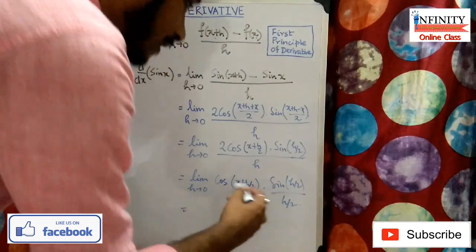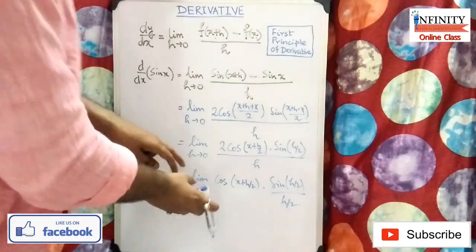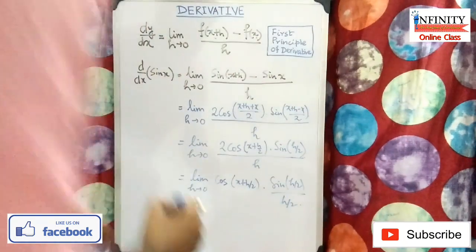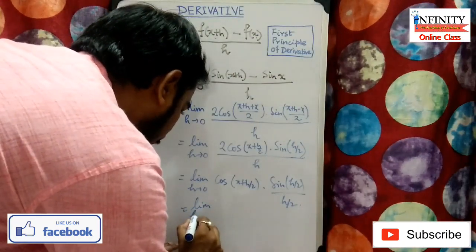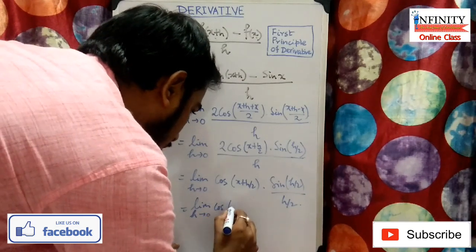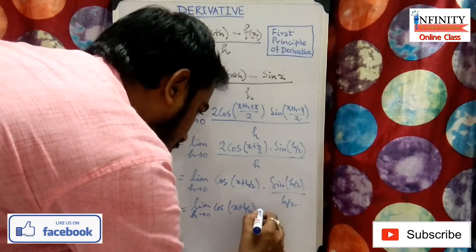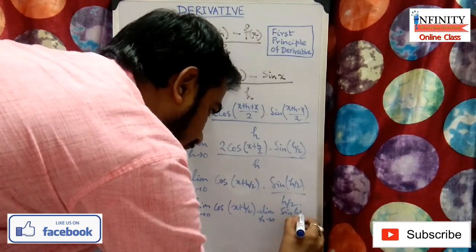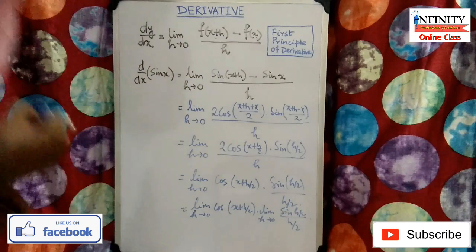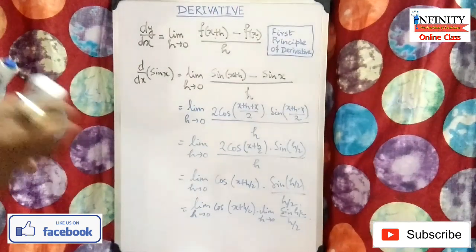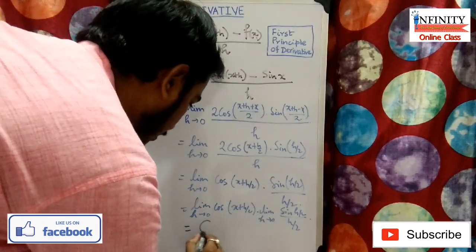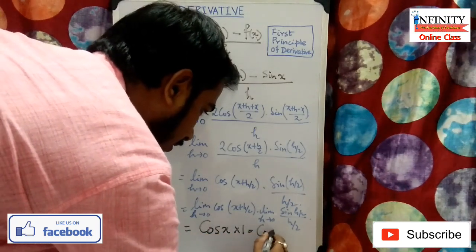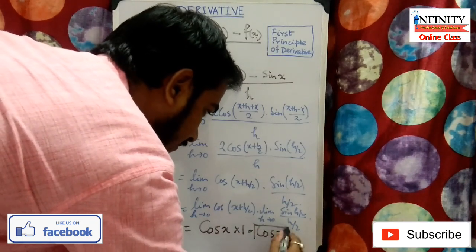Then we can split this limit into two limits, that is the limit h tends to 0 of cos of x plus h by 2, into the limit h tends to 0 of sine of h by 2 by h by 2, right? Then it will be simply cos x into 1, that will be cos x.